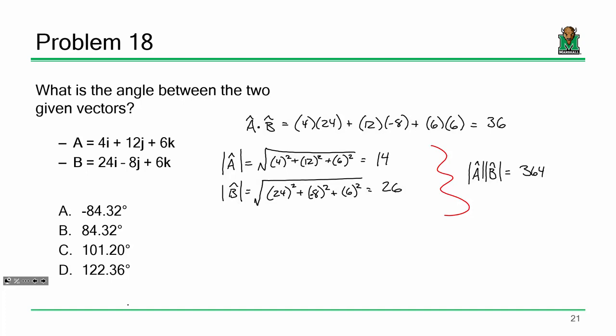So from our definition of a dot product, A dotted with B is the same thing as saying the magnitude of A times the magnitude of B times the cosine of theta. So therefore, the cosine of theta would be that dot product divided by those magnitudes.